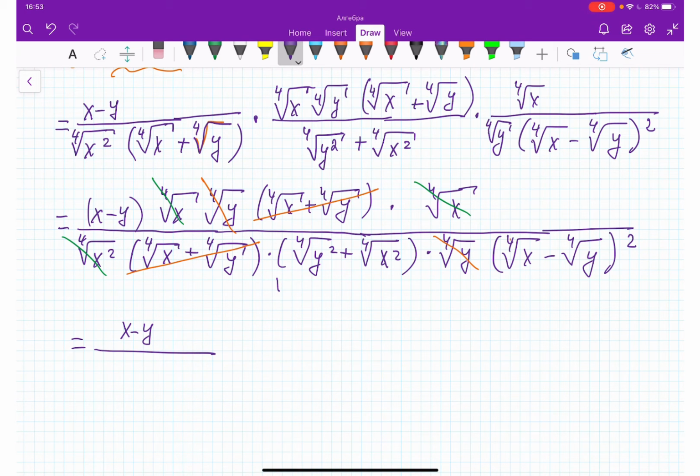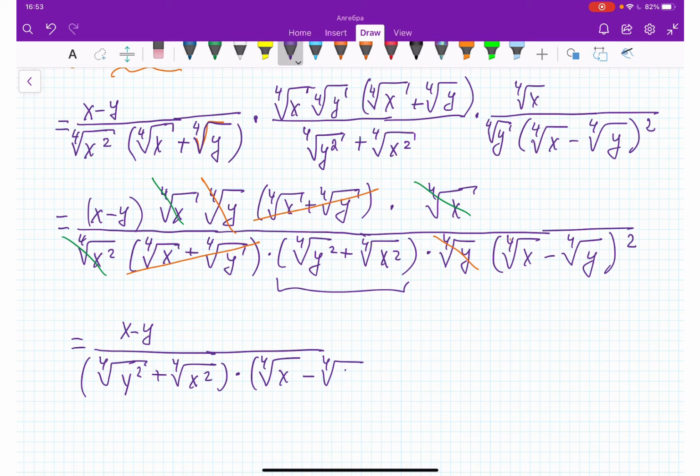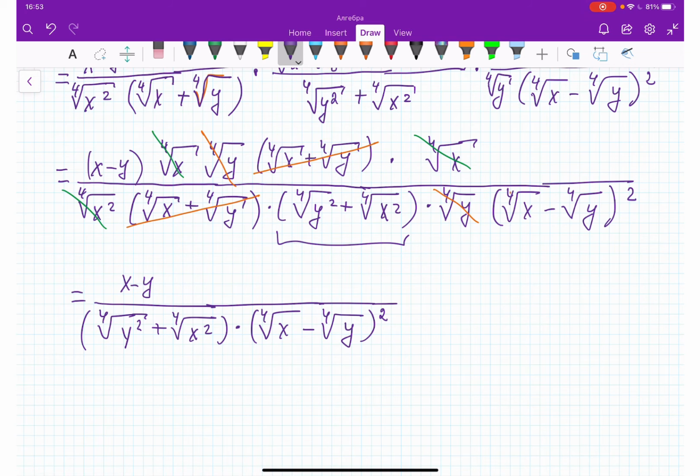In the denominator, I have this survived, y squared plus radical degree 4 of x squared, and then times radical degree 4 of x minus radical degree 4 of y, and it is squared. Okay, can we do some changes? Yes, I can.